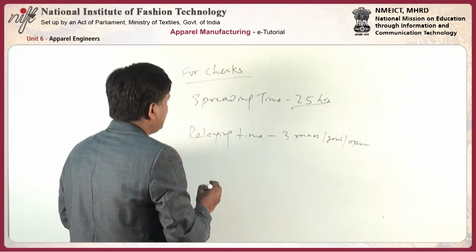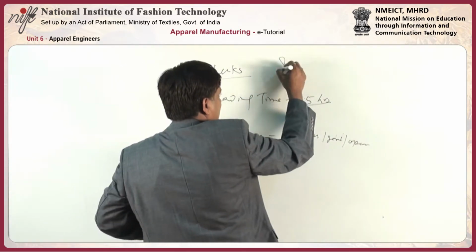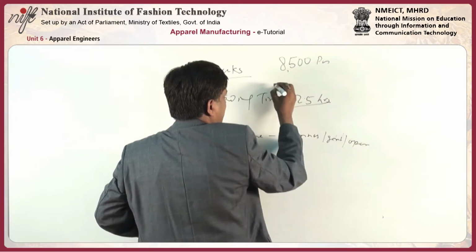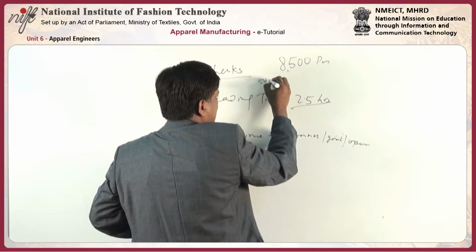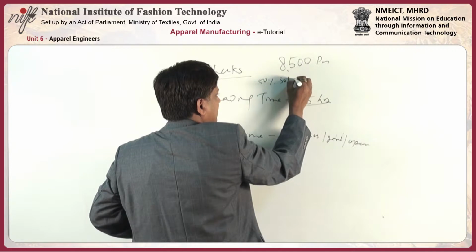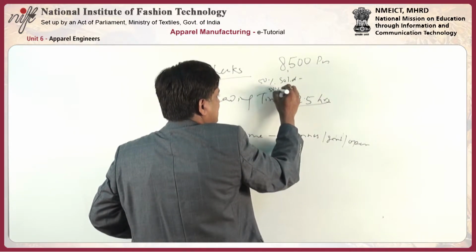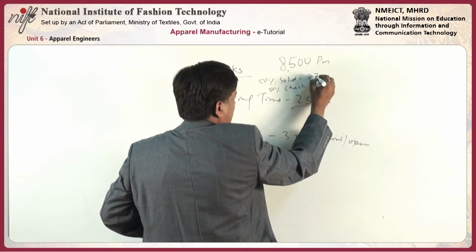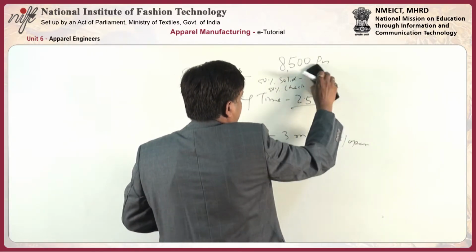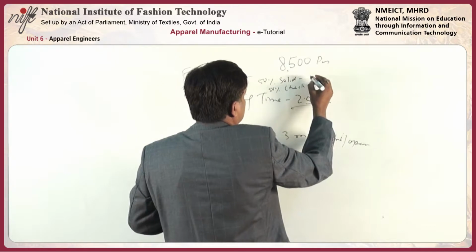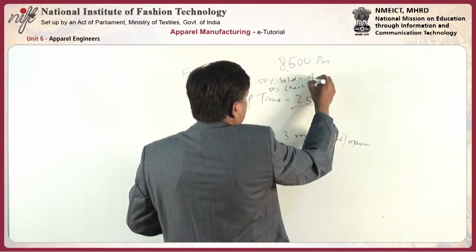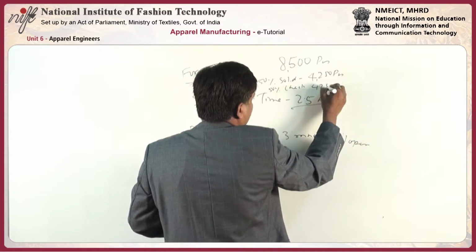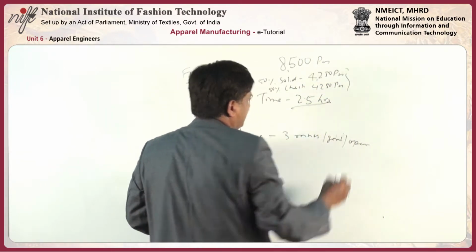The number of garments we discussed earlier is 8,500 pieces to cut. Out of 8,500 pieces, 50% is solid and 50% is checks, so we will have 4,250 pieces for the solid and 4,250 pieces for the checks fabric.